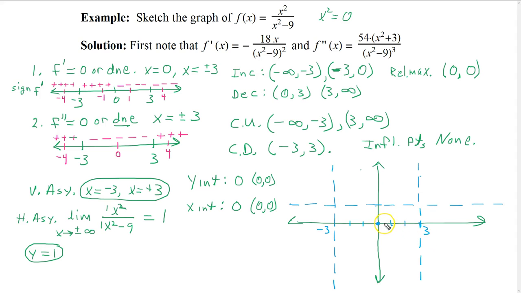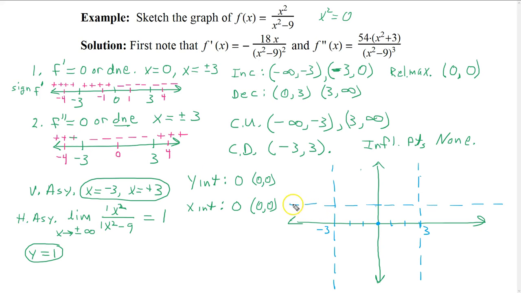Now we can start sketching the graph of our function. Oh, notice the x and y-intercepts are 0, 0, and we already have that point there. That's actually a relative maximum. So now, let's see, if we go from negative infinity to negative 3, our function has to be increasing as we get towards negative 3 and concave up.